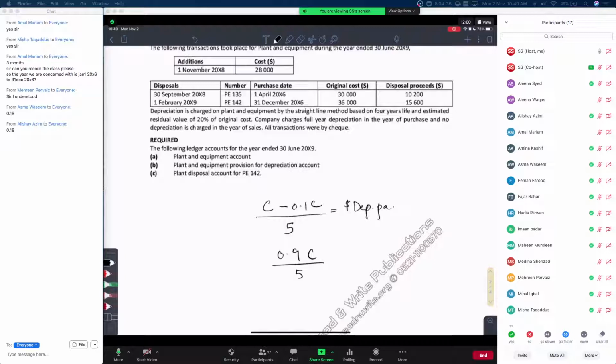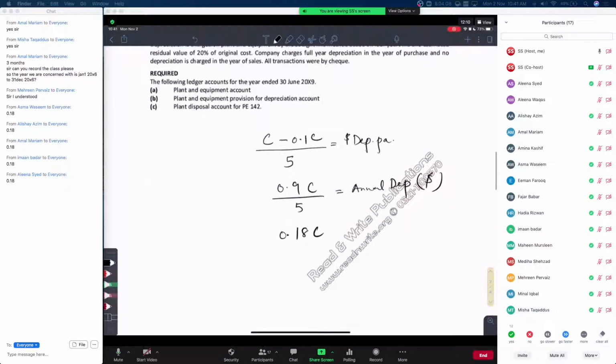Okay, so basically that means your annual depreciation in dollar value will be 0.18 C, or we can say 18% on cost.